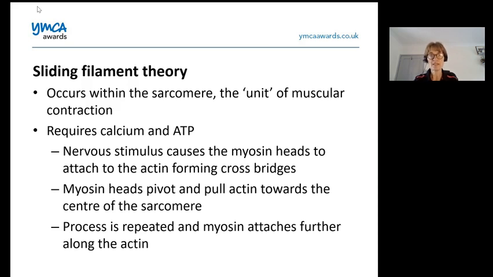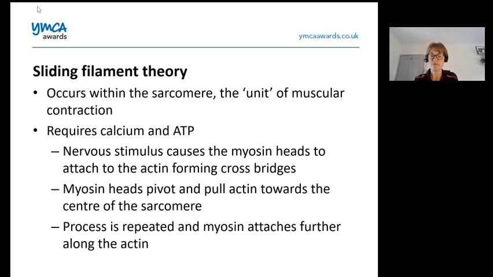So the sliding filament theory describes the actual contraction, the processes that occur within a sarcomere, which is our unit of muscle contraction. In order for that to occur, we have to have two things. We have to have calcium and we have to have ATP, which is our energy currency, our adenosine triphosphate.